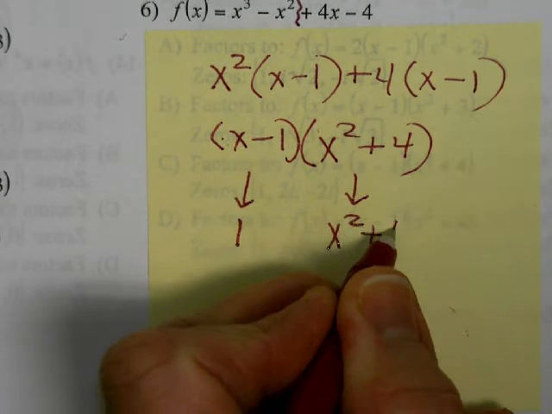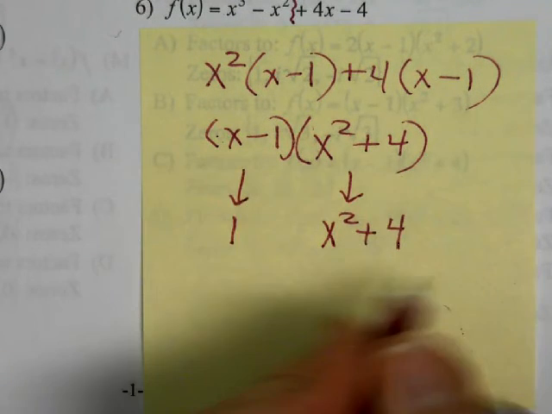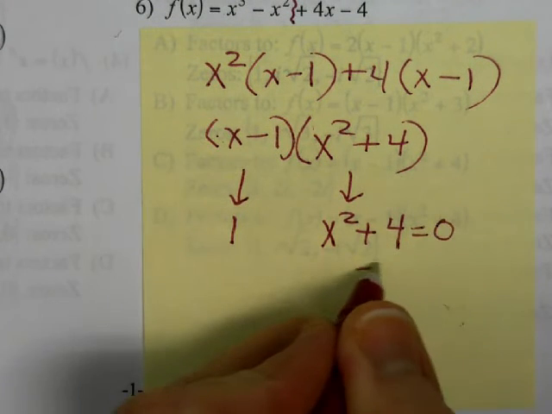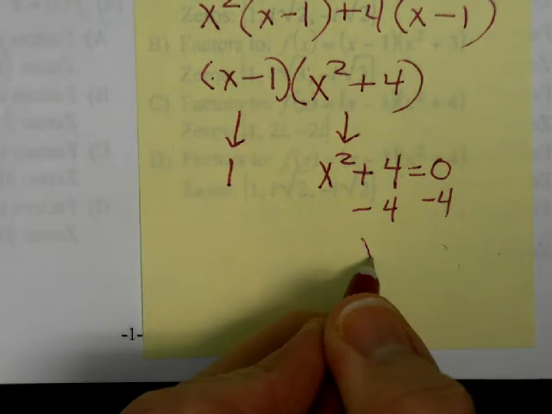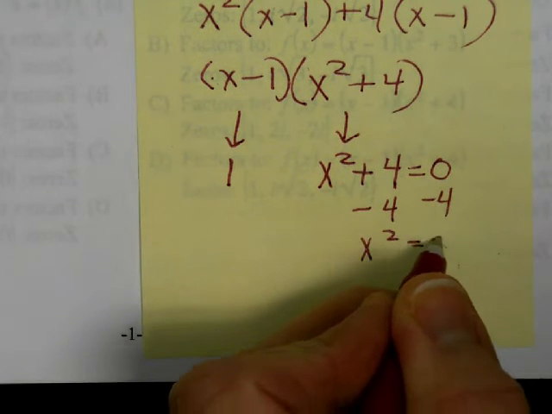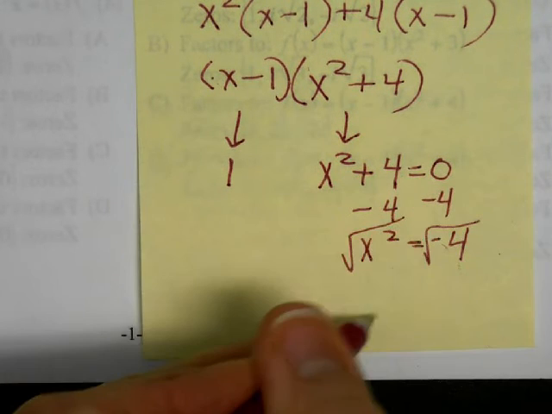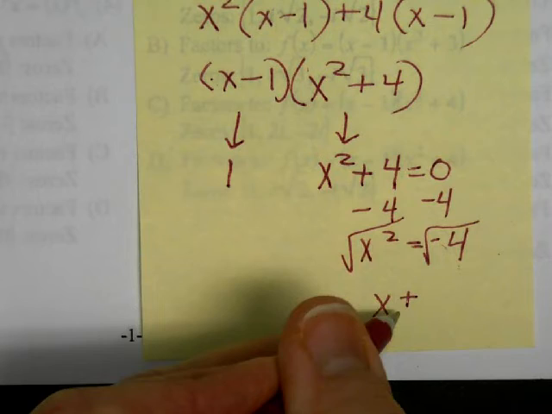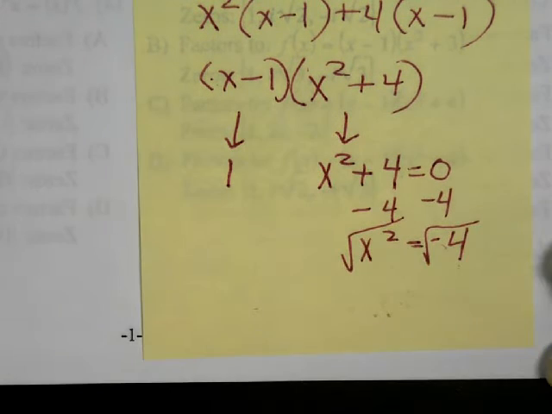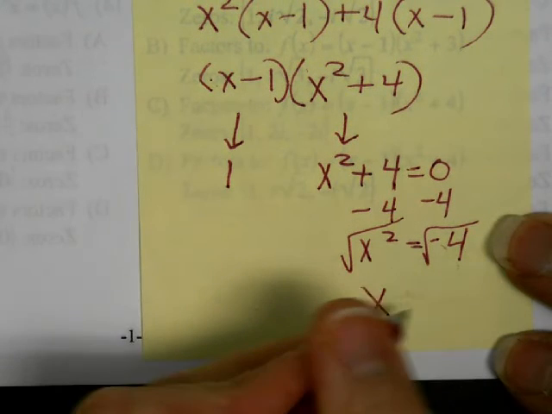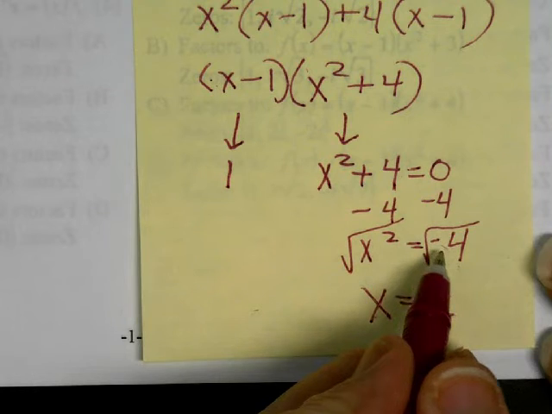Here I have to set this, this is unfactorable. So I set it equal to 0 and use my rules of the universe to get x alone. Remember, if I take the square root of a negative number, there's 2 answers, plus and minus.